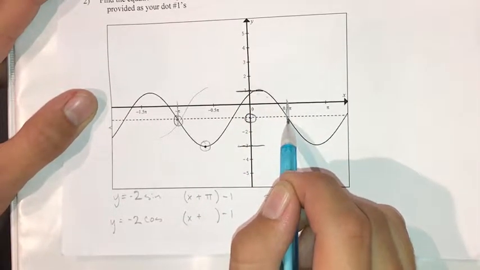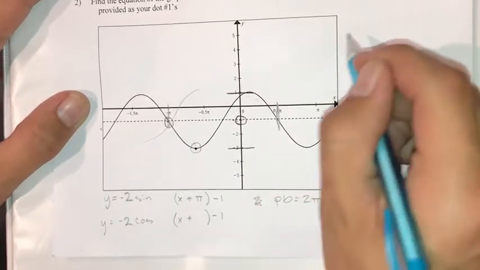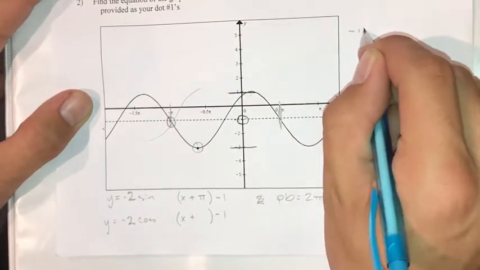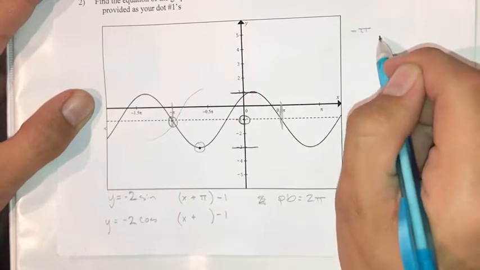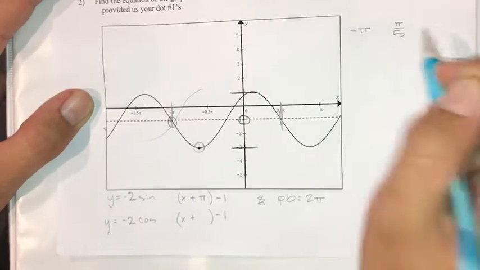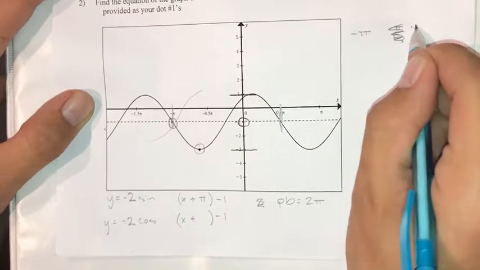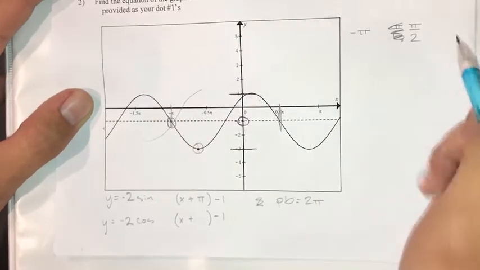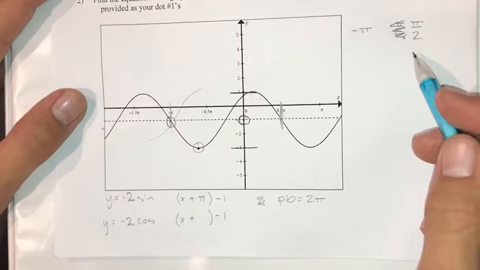So if we take these two values, we have -pi on that side, and we have pi over 2, which is the same as 0.5 pi.